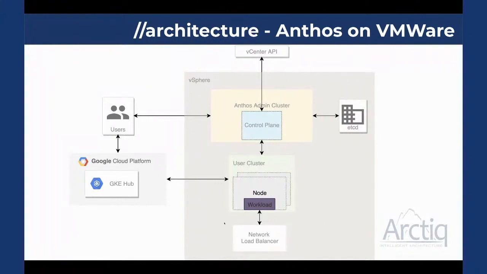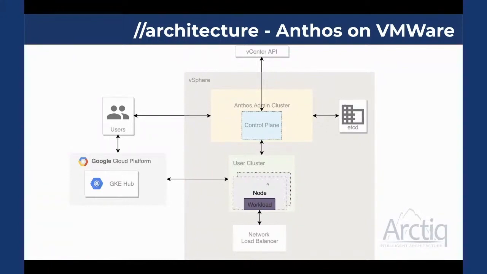Another really exciting feature is the Network Load Balancer, which is also in the architecture. With the bundled or integrated load balancer, you can actually bring the cloud experience to your data center. When you are trying to expose your services externally, everything is automated. And GKE Hub is here for cluster registration as well.